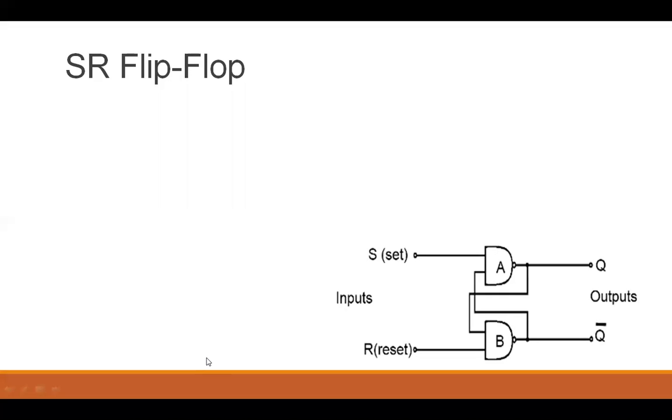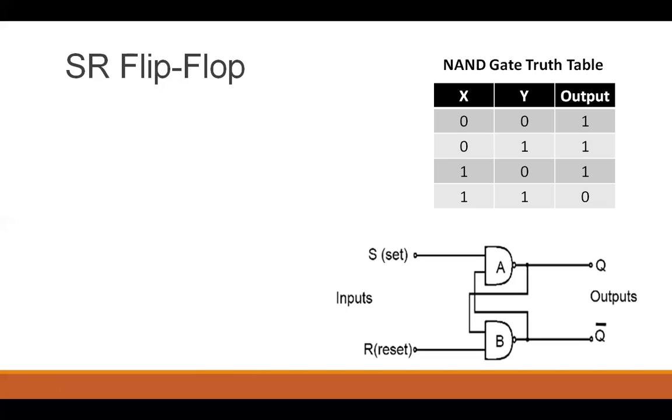The logic I have just shown you in the NOR gate is still applicable in the NAND gate SR flip-flop as well. You must remember that you now have to reverse the rules. The logic is still the same, but now the NAND rule is going to tell you to always start from the zero side, because whenever you have a zero as the input, the output is always going to be one.